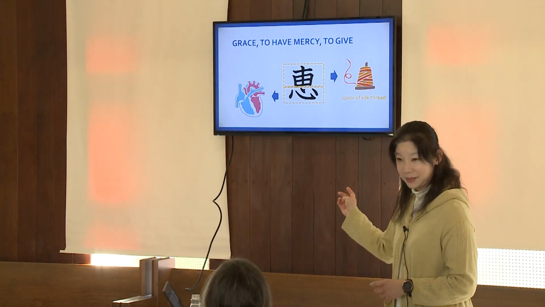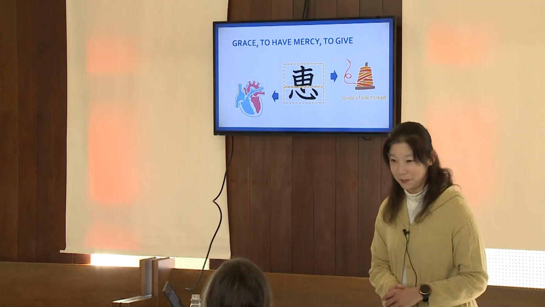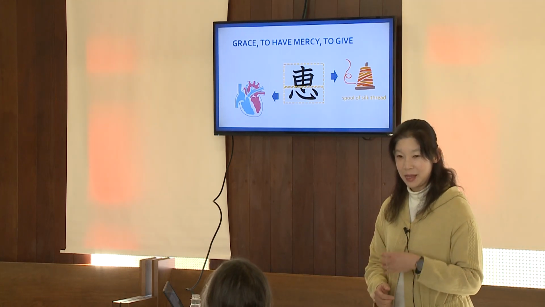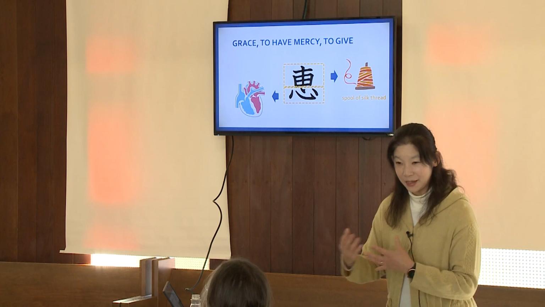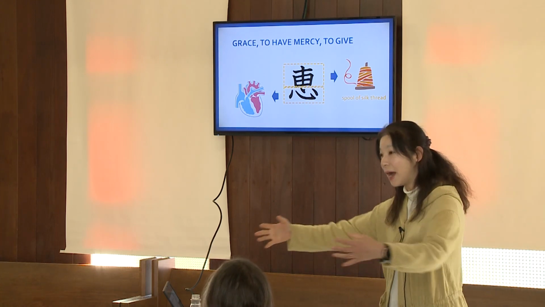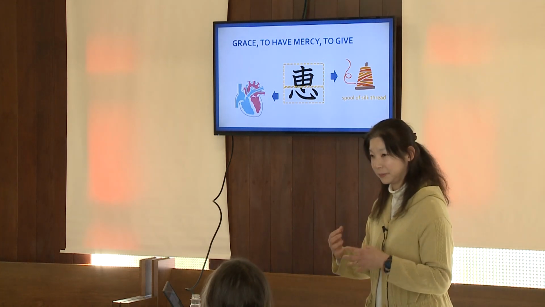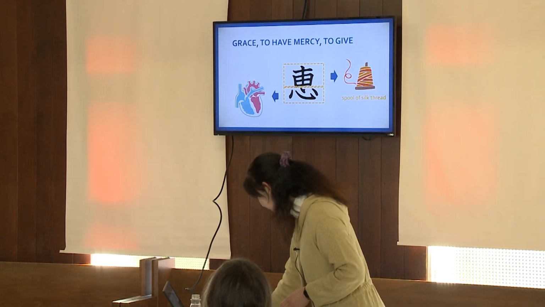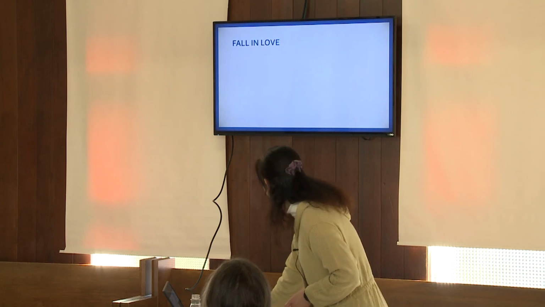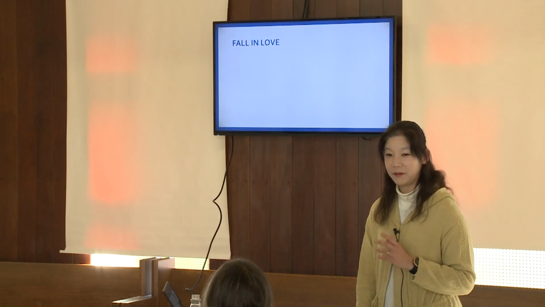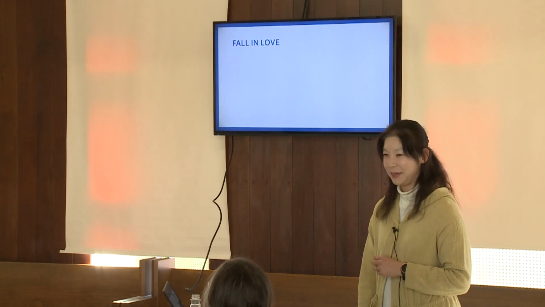So our church, there are so many people with precious things in our heart, and we can share with others. That's the meaning of our church. Or we can hug and show mercy to others. And also, there is a separate word for fall in love in Japanese.